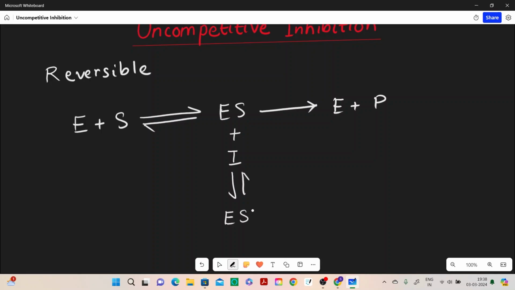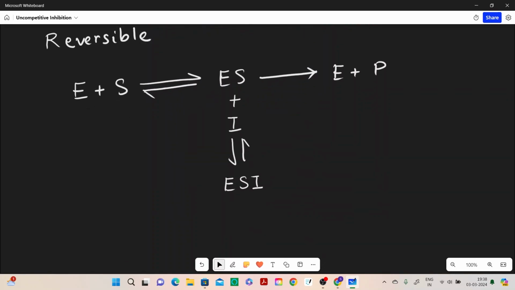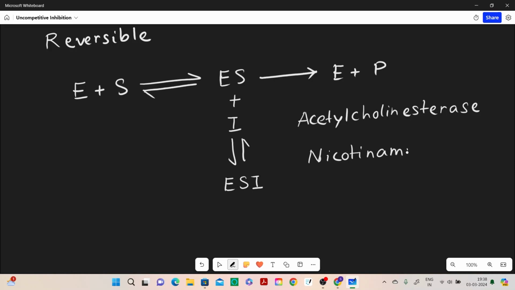In uncompetitive inhibition, there is an inhibitor which binds to the enzyme substrate complex and forms the enzyme substrate inhibitor complex, which is inactive and cannot produce the product. Now, uncompetitive inhibition, to be honest, is very rare, but we have one enzyme known as acetylcholinesterase, which is present in the postsynaptic junction, and we have nicotinamide, which is an uncompetitive inhibitor for acetylcholinesterase.